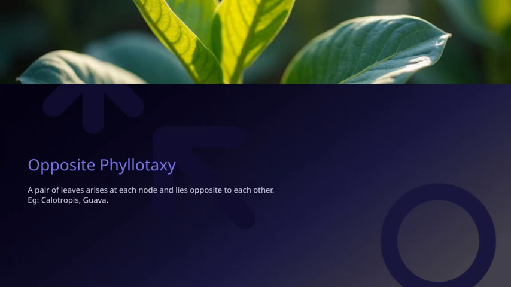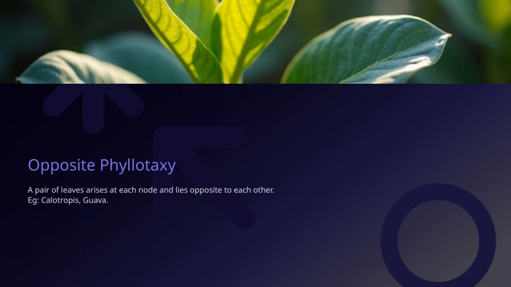Now let's look at a specific type of leaf arrangement called opposite phyllotaxy. In this pattern, a pair of leaves arises at each node, and importantly, these leaves are positioned directly opposite to each other. Imagine standing at a branch point, and you see two leaves growing out on opposite sides of the stem. This is characteristic of opposite phyllotaxy. For example, plants like calotropis and guava exhibit this leaf arrangement. The key point here is that at every node, instead of a single leaf or a spiral arrangement, you find these pairs directly facing each other.